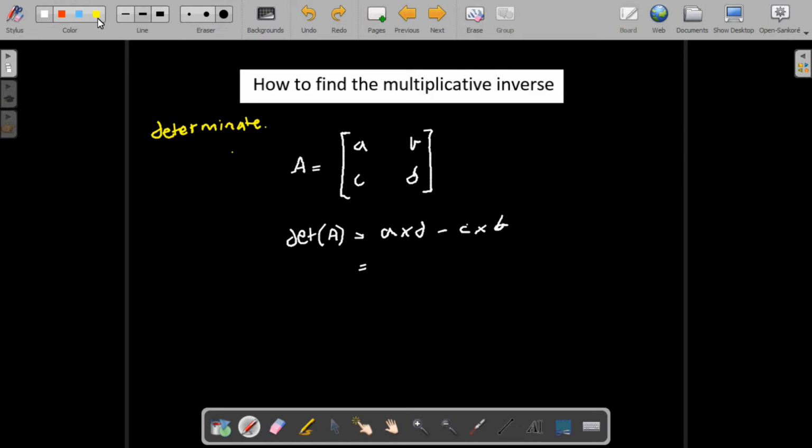For our example before, we had the original matrix 2, 3, 3, and 5. So let's work out what that determinant was. It's 2 times 5 minus 3 times 3. And what do we get? Well, that's 10 take 9, so we actually get 1 for our determinant.